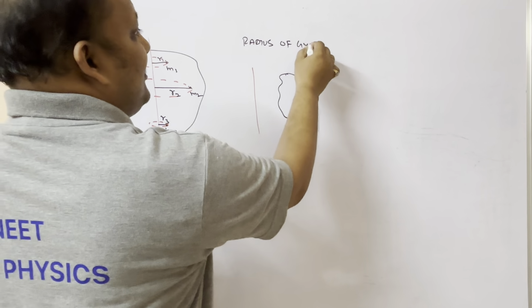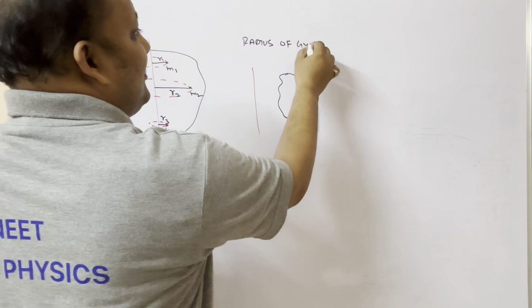It is the distance between the axis of rotation and the point where the total mass of the object is supposed to be concentrated, that is going to be the center of mass.